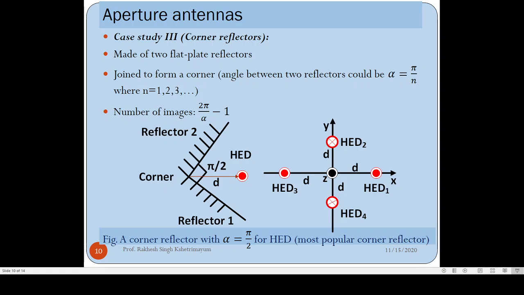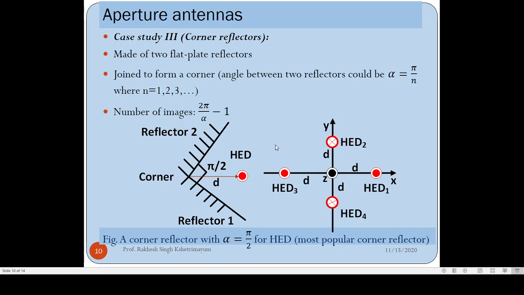But you can design this corner reflector for any angle. And one of the most popular corner reflectors is when alpha is equal to pi by 2. In that case, any signal which comes from this direction will be reflected back in the same direction. So the corner reflector with alpha equal to pi by 2 is the most popular, and we'll try to analyze that.